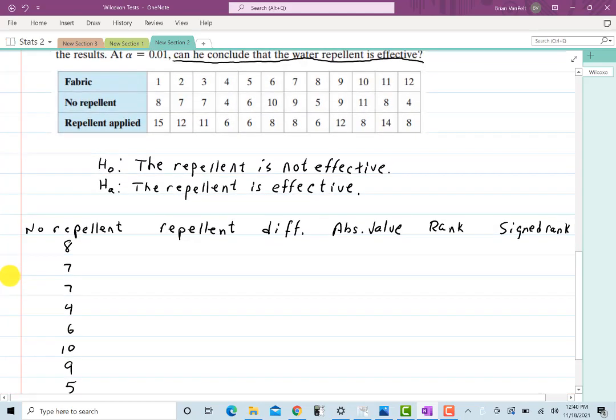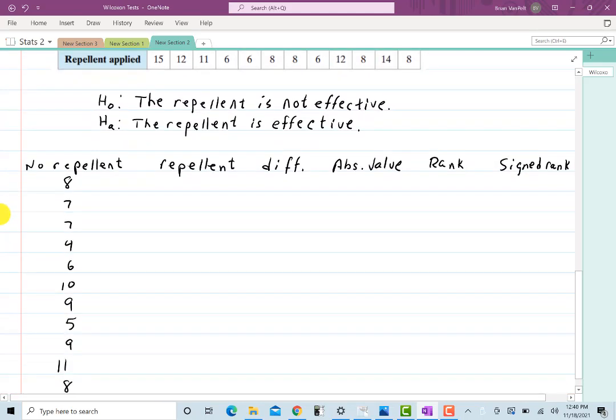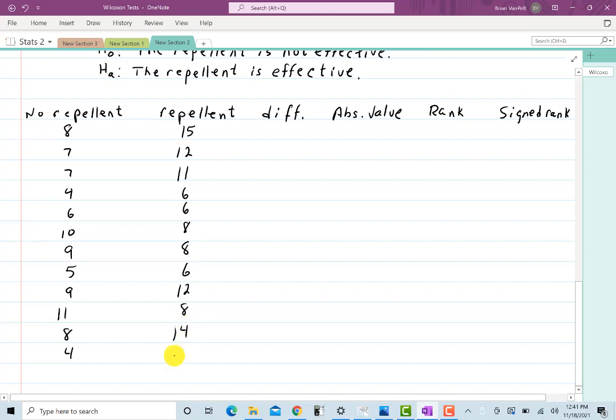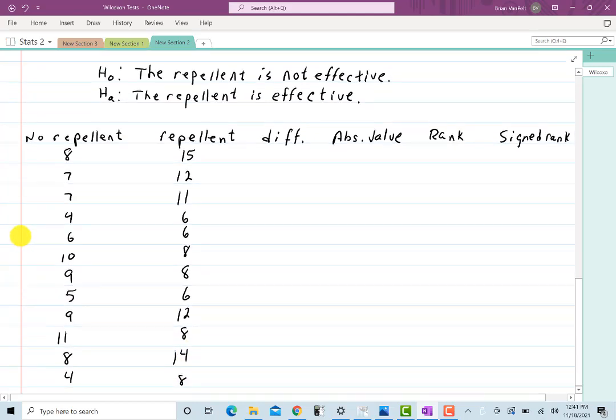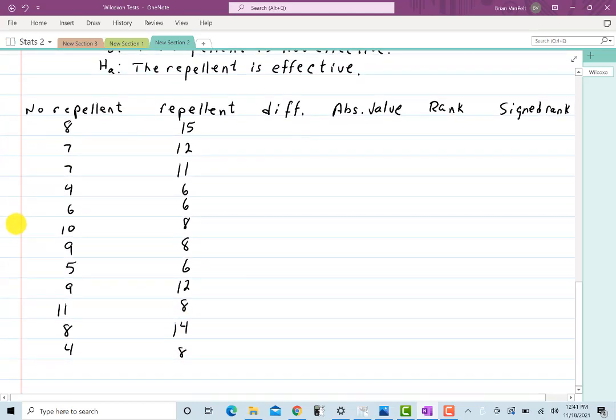And now let me put in the repellent numbers. Here we have 15, 12, 11, 6, 6, 8, 8, 6, 12, 8, 14, and 8. All right, so I don't need that information anymore.